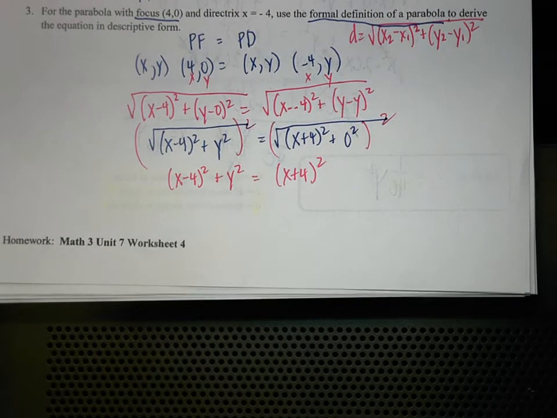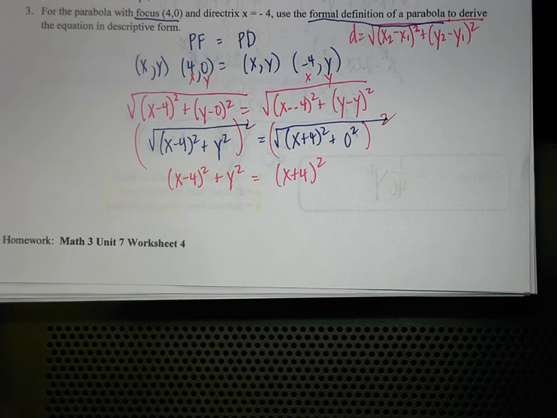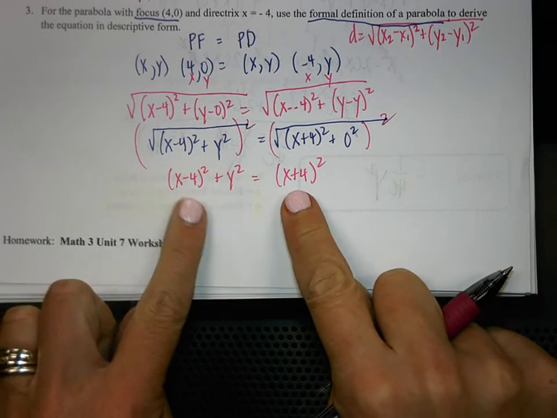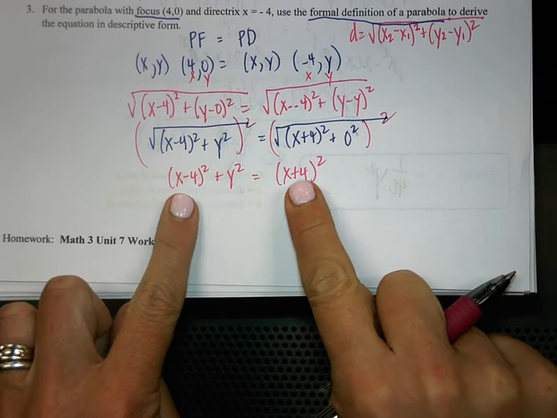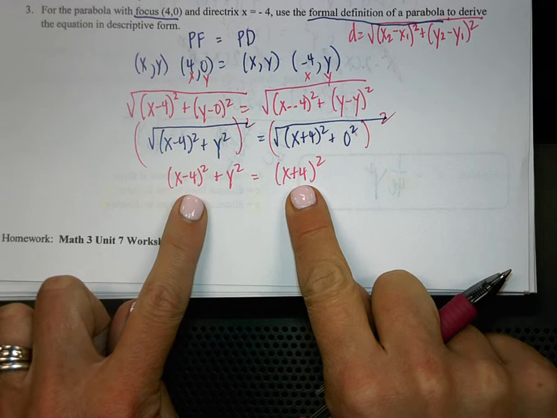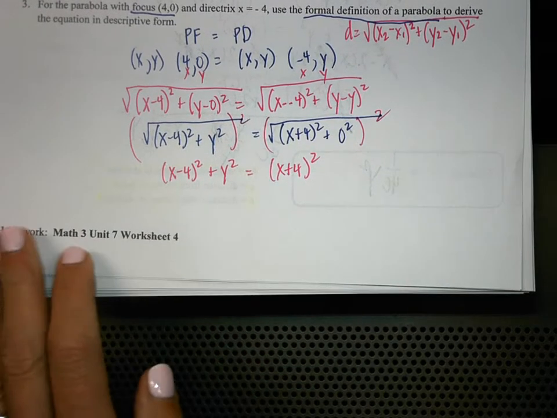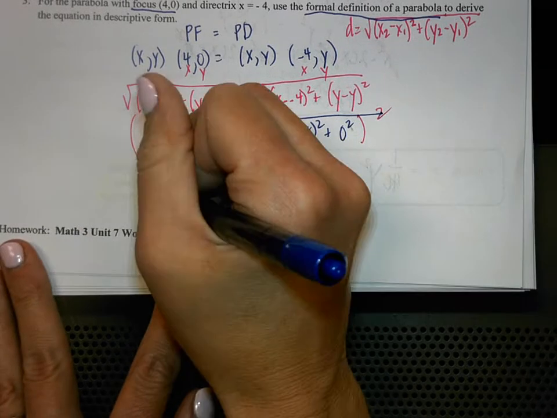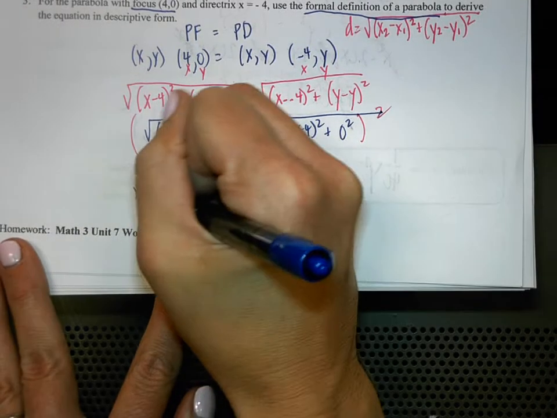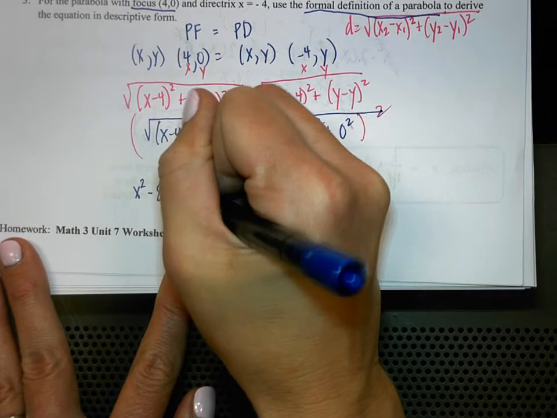Which two will I multiply out? The x's, good. Whichever parentheses match, you multiply those out so we can combine like terms. When you multiply out (x minus 4) squared, what does it equal? Perfect.